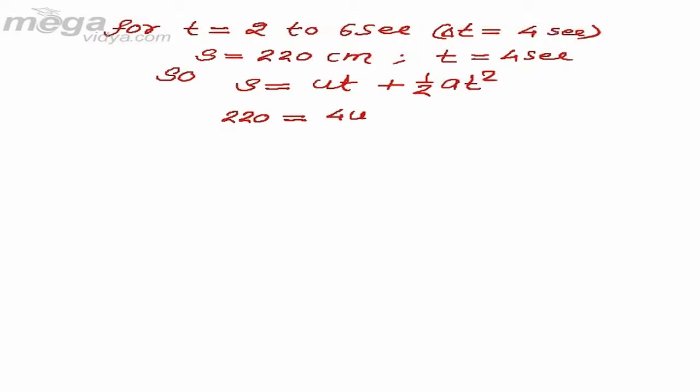So ut becomes 4u plus half into acceleration a naught. Remember, 220 equal to 4 times v naught plus half into a naught into the square of the time interval, 4 square. Now this equation finally converts to v naught plus twice a naught equal to 55.